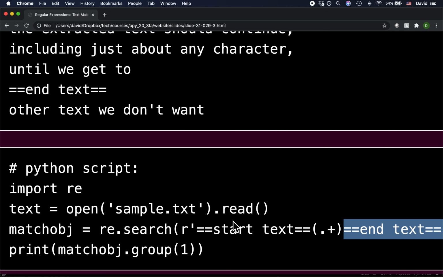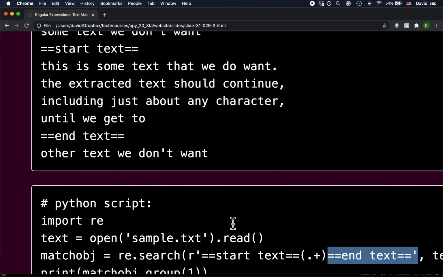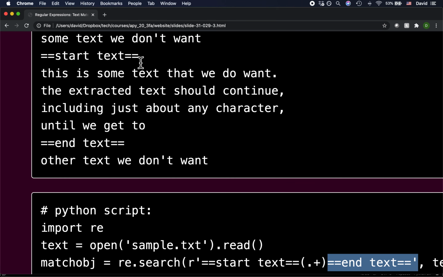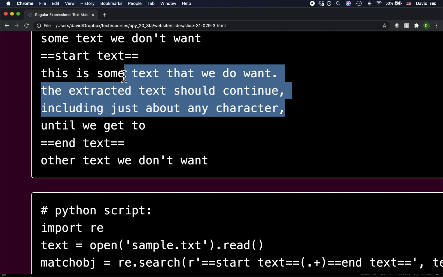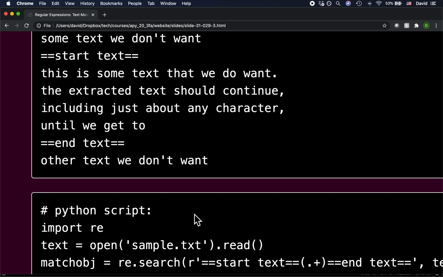The problem with this, and you know, the dot is really versatile in this case. It will match on just about anything. It doesn't matter if it's punctuation, characters, space, it doesn't matter. The problem though is that the dot by nature, by default, will not match on a new line character.